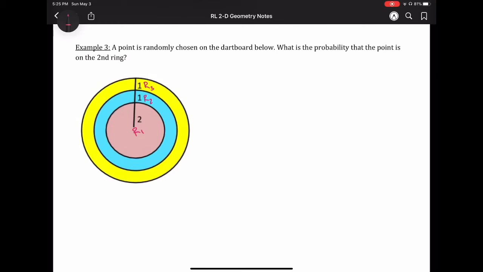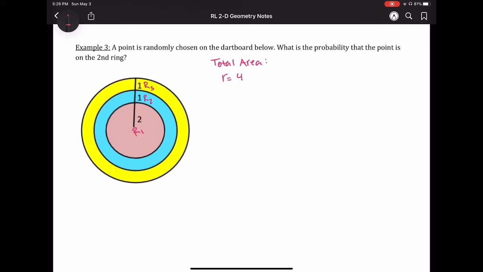But because we're looking at probability, I need the total area to be my sample space. So I'm going to start with finding the total area. So total area, we have a radius of 2 plus 1 plus 1. So I have a radius of 4.